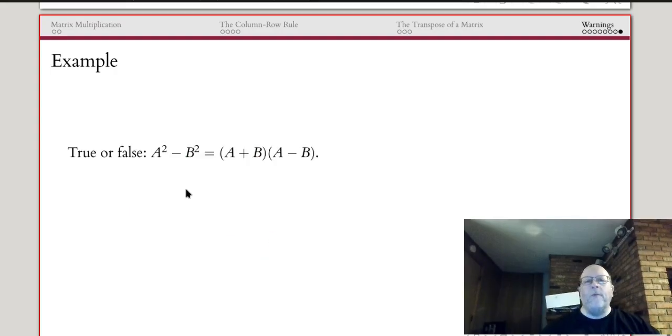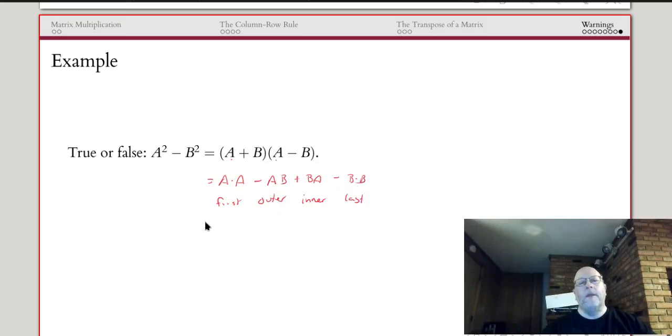Let's try one more, and then we'll wrap up. Can we do the same thing with the difference of matrices? Well, again, foiling, this gives me A squared, or A times A. Outer is A times minus B. Inner is B times A. And then last is B times minus B. And this is A squared, and this is B squared, but these could be different, and these don't cancel.